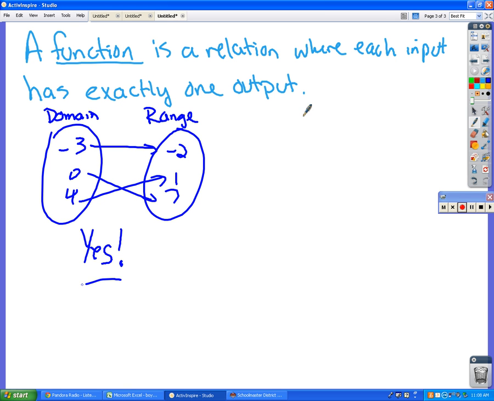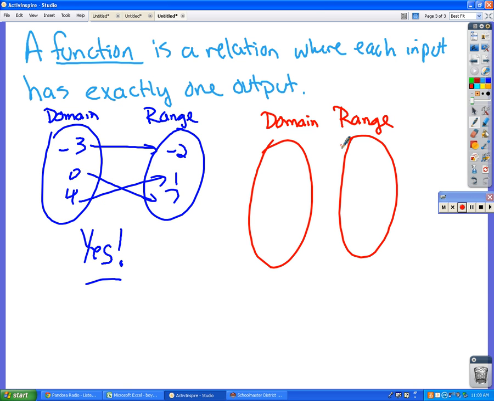How about this one? Let's go 2, 3, 4, 6. -3, -1, 3, 6. Nope.